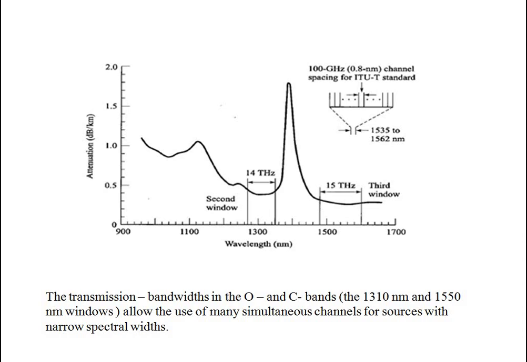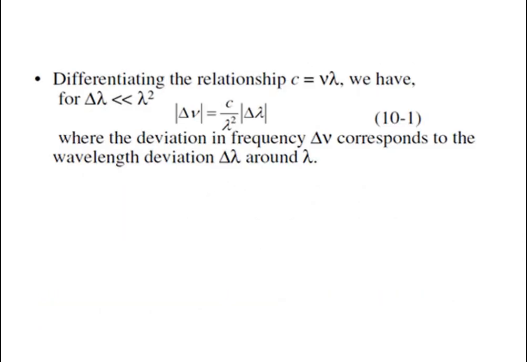To find the optical bandwidth corresponding to a particular spectral width, that is the relationship between the optical bandwidth and spectral width, in these active regions we use the fundamental relationship c = νλ, where c is the speed of light.